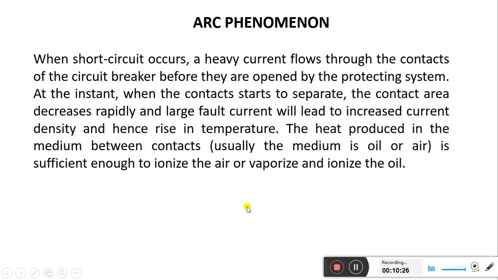So the heat produced in the medium between the contacts, which may be oil or air, will be sufficient to ionize the air or medium, or vaporize and ionize it, sustaining the arc.